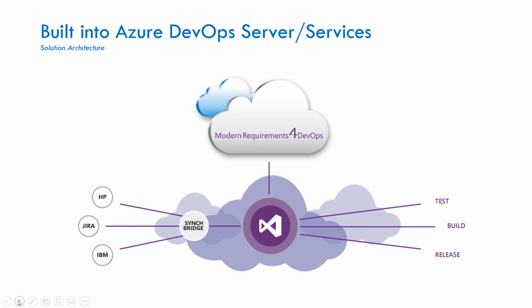And the tool simply inherits whatever process template you're using, whether it's Agile, Scrum, or CMMI in Azure DevOps. And if you have other applications in your DevOps ecosystem that you would like to synchronize with your requirements information, we do sell and support SyncBridge software that connects to dozens of other applications that may be relevant for you.